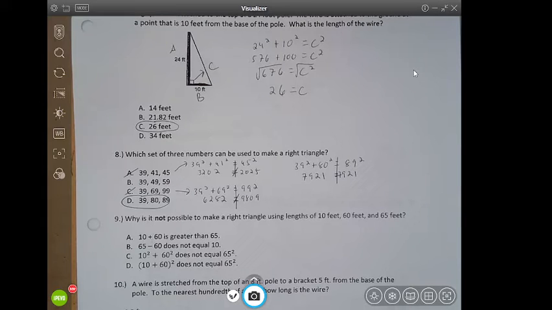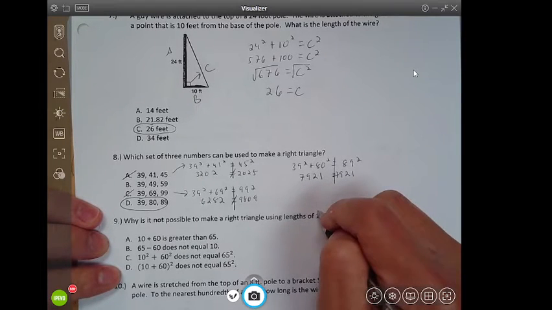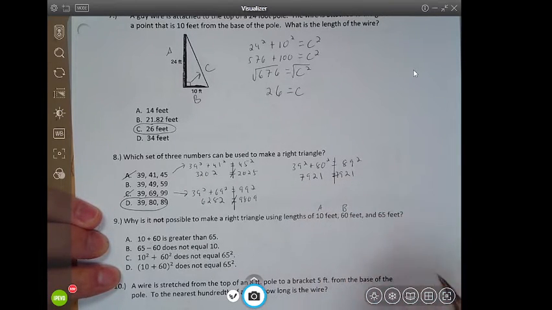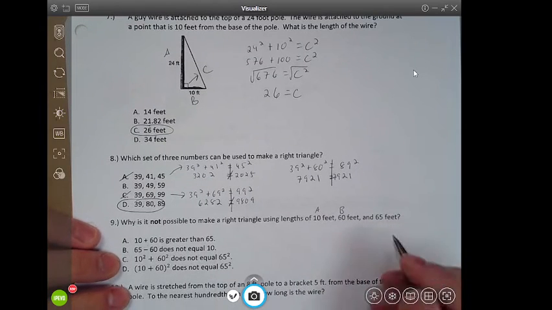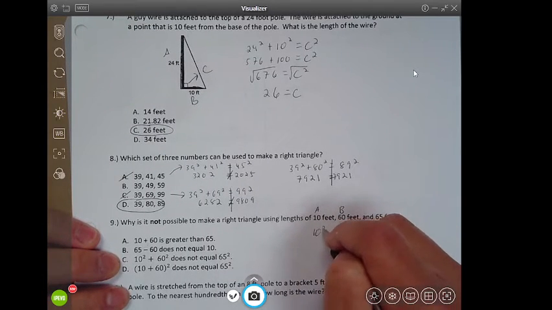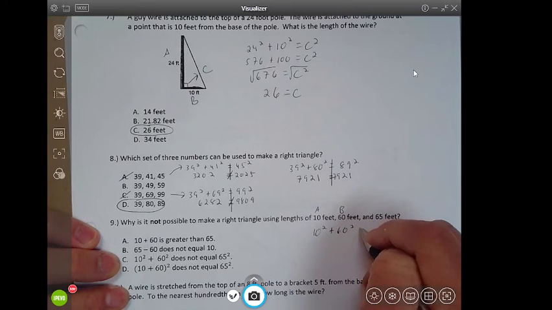Number 9. Why is it not possible to make a right triangle using the lengths 10, 60, and 65? Well, 10 and 60, we're going to test this out as A and B. So I got 10 squared plus 60 squared equals 65 squared.